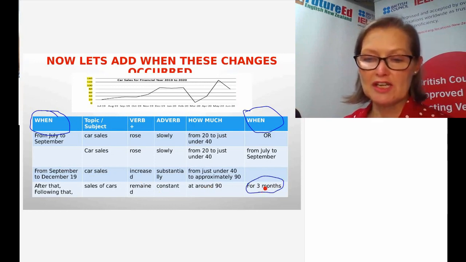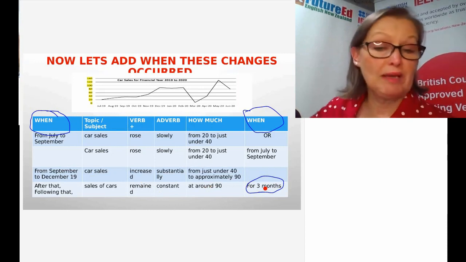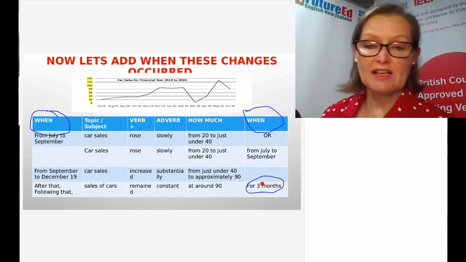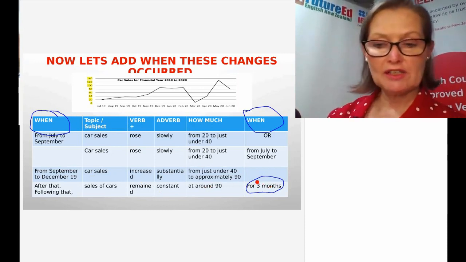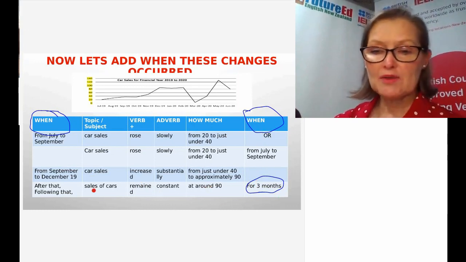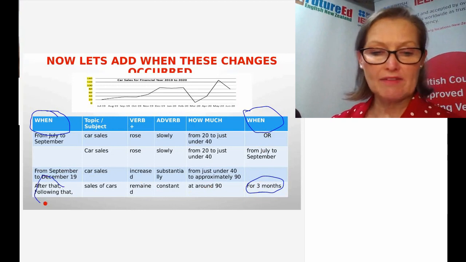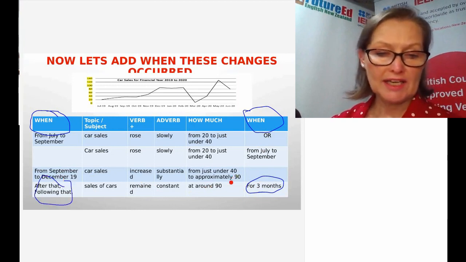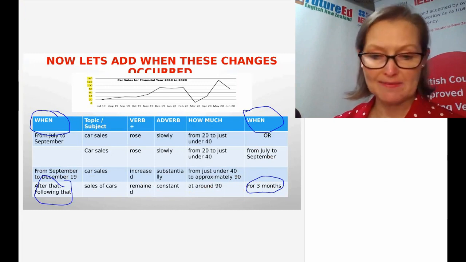So notice how I've changed it here. For, I can also use for a month, for 2 months, for 3 months. And if it's a financial year, for the first quarter or the last quarter, for example. So these are places where I can vary my language, and I can vary how I start my sentences to create more variety.